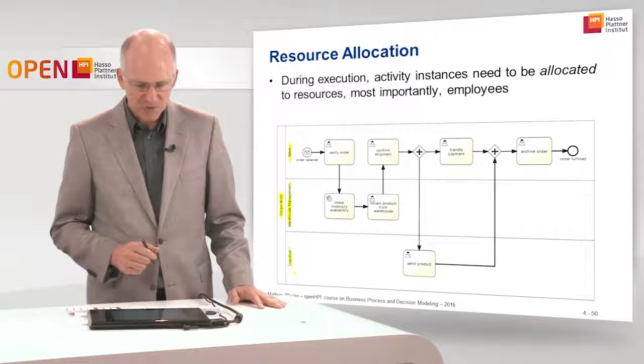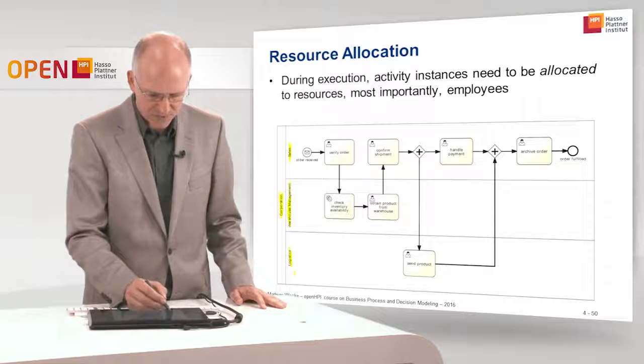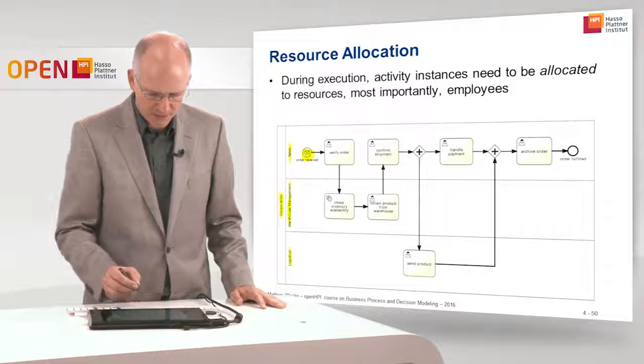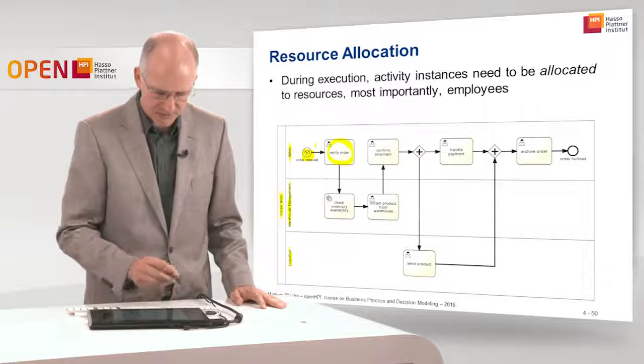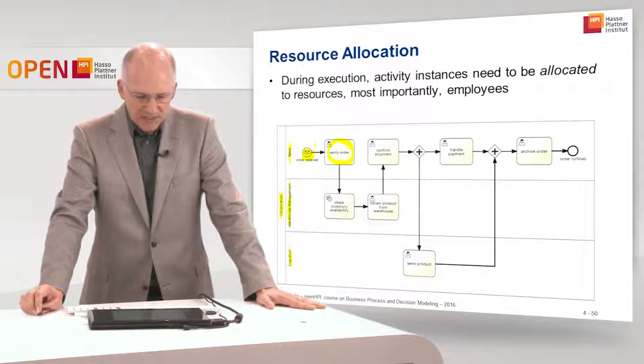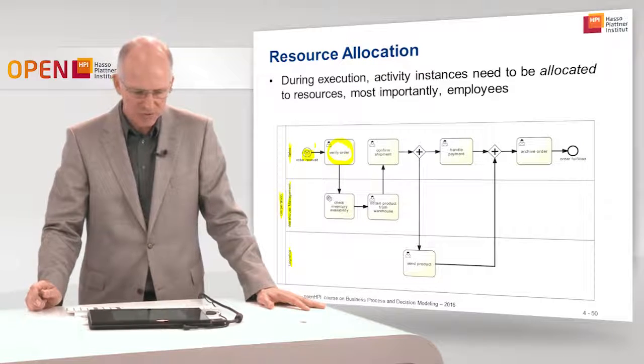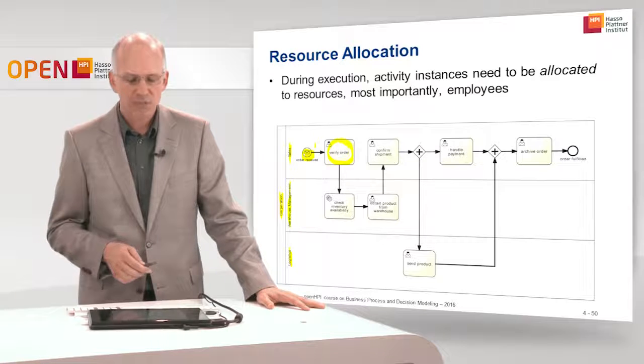The start event is the order received, and then there's the task verify order, which the marker shows is a user task. So a person should execute the verify order task.